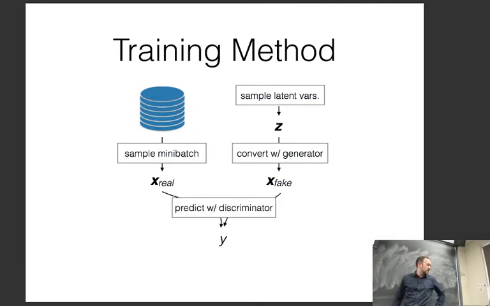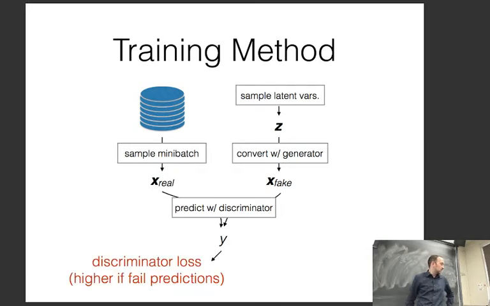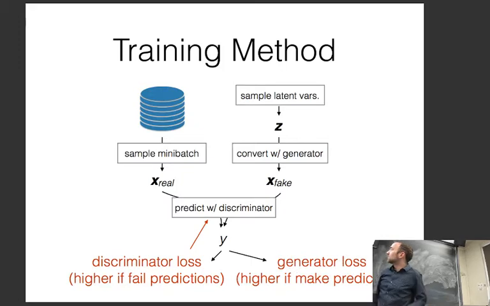Then we take the discriminator and we predict whether these are real or fake for each of the examples that we generated. And then we have two varieties of loss. We have the loss that's used to update the parameters of the discriminator, so we do backpropagation and update the parameters of the discriminator. Then we have a generator loss, and we do backprop all the way back through the discriminator into the generator and update the parameters of the generator.